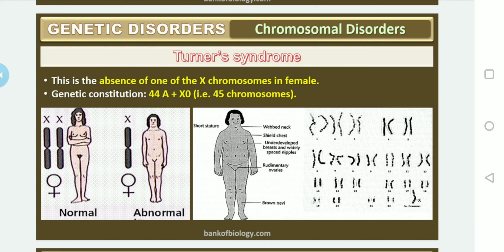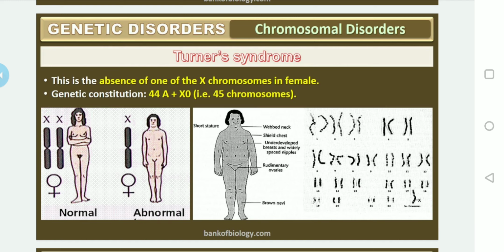In the case of abnormal, Turner syndrome, it is 44 autosomes plus XO. Let us discuss the characters or symptoms. Based on these characters and symptoms, we can identify that this person is suffering from Turner syndrome. So let us discuss one by one.